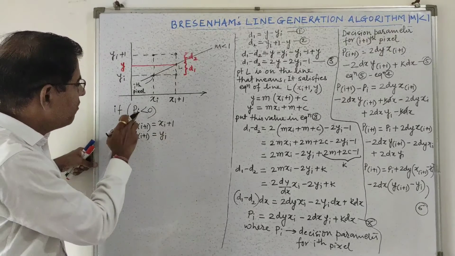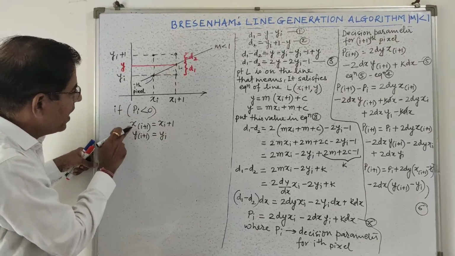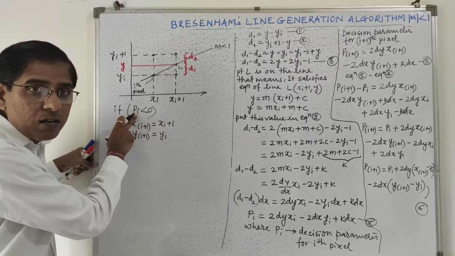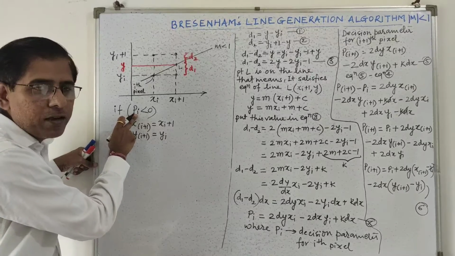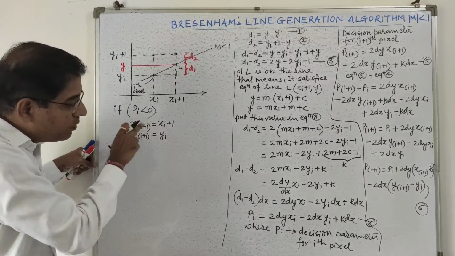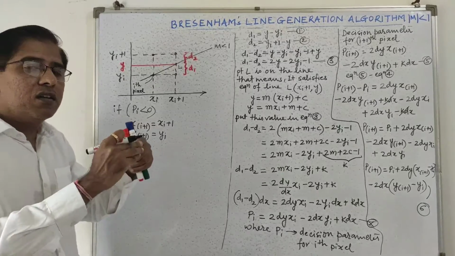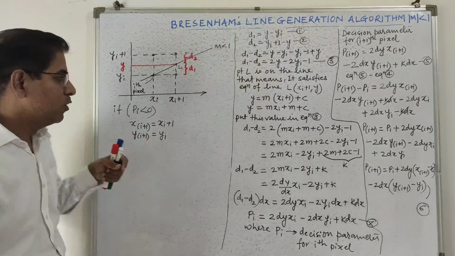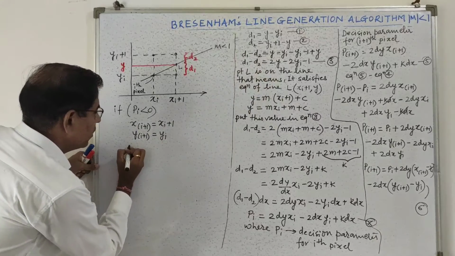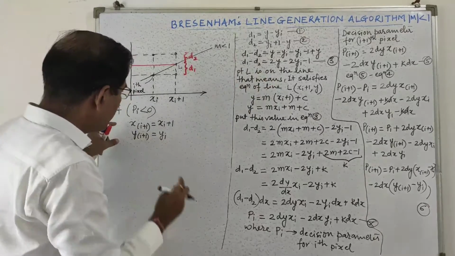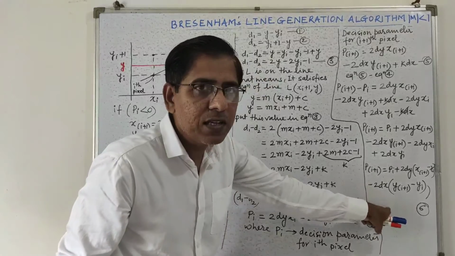Okay, now we have decided the x and y value for the pixel by the pi decision parameter. Now what will be the next decision parameter for selecting a next pixel? That can be calculated by putting these values in equation number 6.